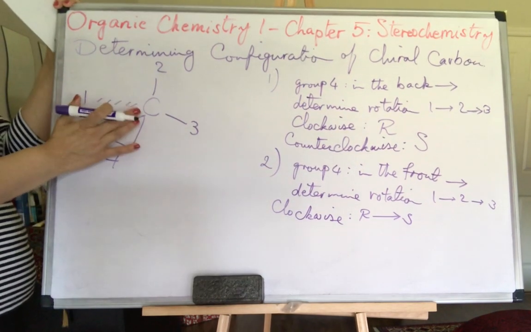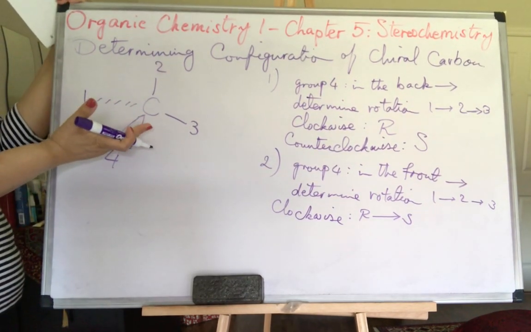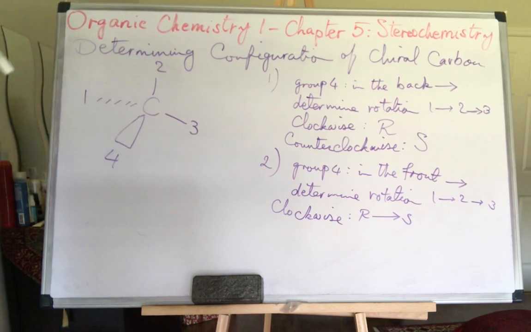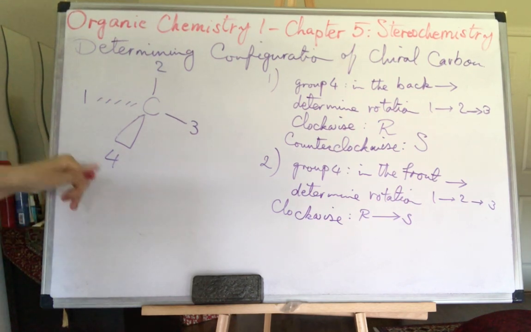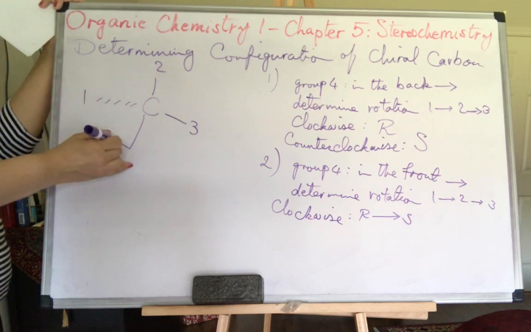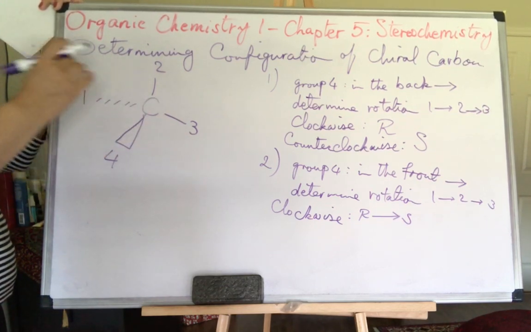Because our goal is always to push the least priority group to the back. But if the least priority group is in the front, it means that we need to push it to the back. I told you, this is my way, my shortcut.